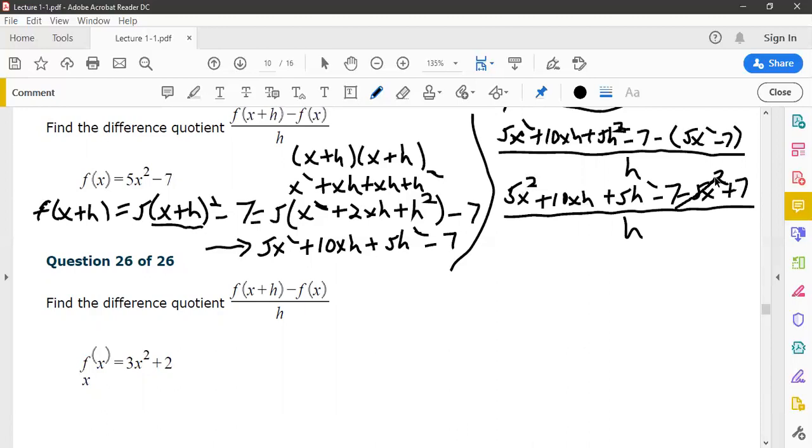There's a minus 5x squared. There's a 10xh, so that's not going to be eliminated because it has an h. There's a 5h squared that also, since it has an h, would not have been eliminated. But here's a negative 7 without an h, and it has a positive 7.